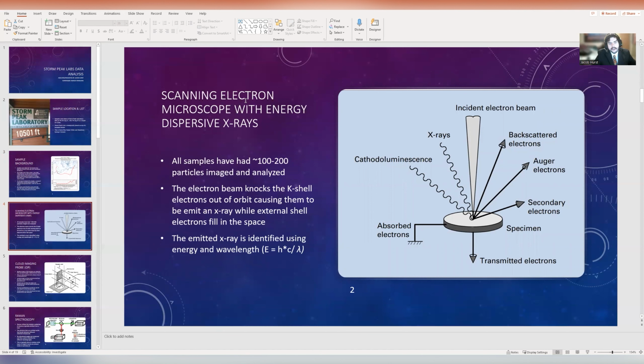Our TEM grids had significantly less particles, and they were not handled as delicately as they should have been. Considering we've never used TEM grids before, this was kind of a test. They did have some damage, so the cells were damaged inside of a lot of them, so I could not find 100 particles on them.